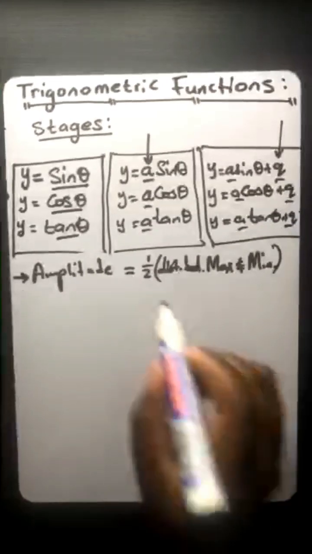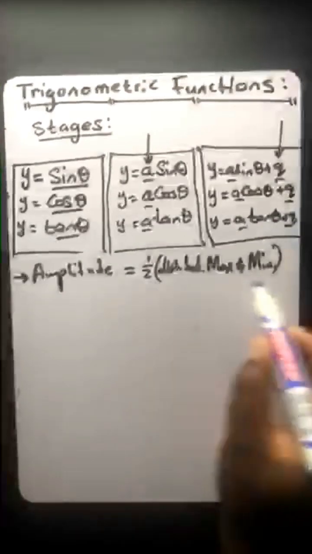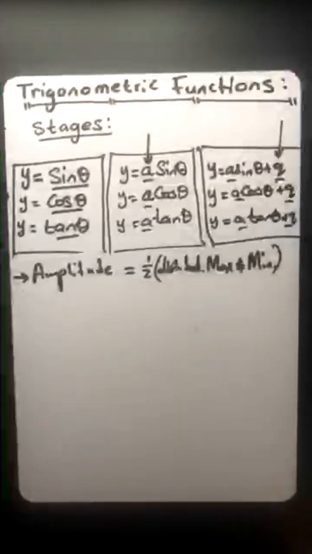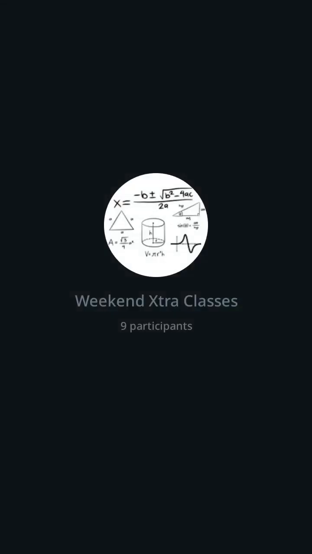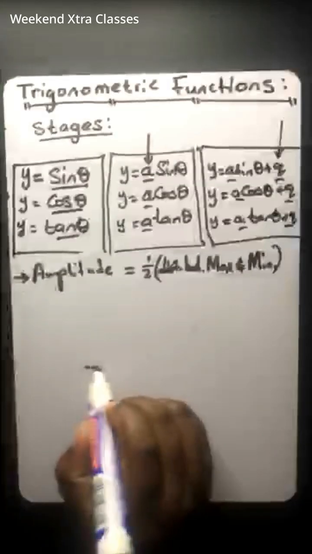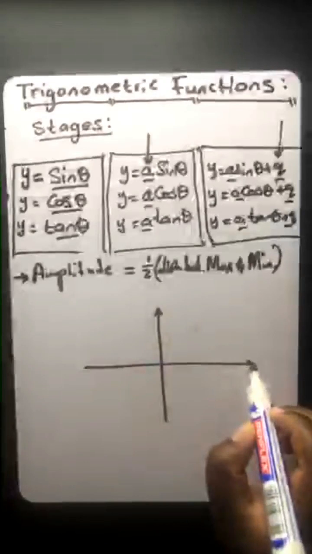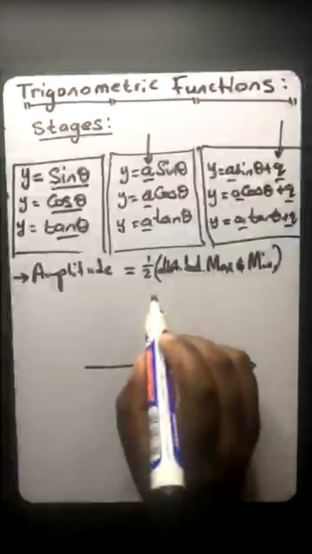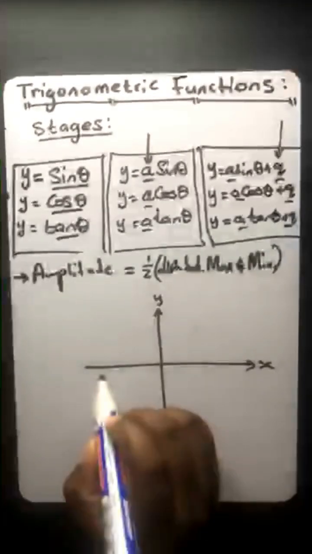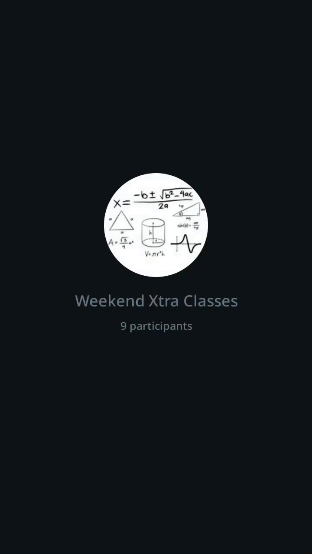What do I mean by that? In a textbook, you might be given that as a formula, or in some textbooks, it might not even be available. But when you sketch a function on a Cartesian plane having the y and the x axis, you might have something similar to that.